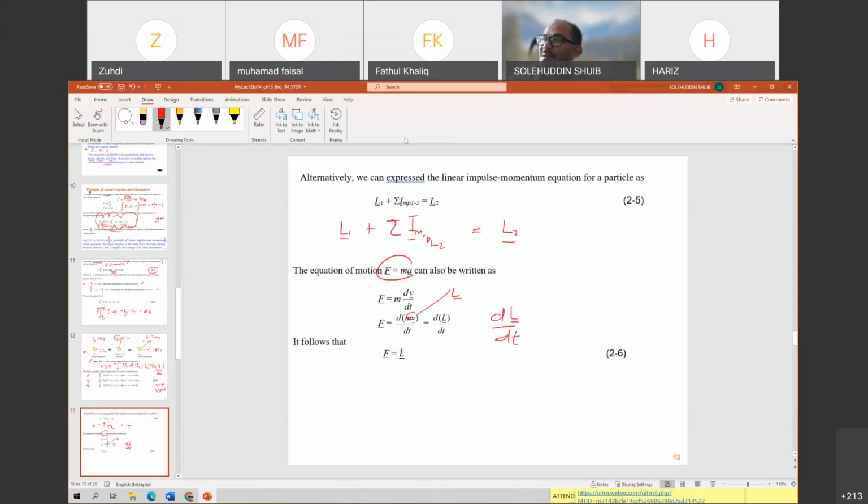Still remember last time, if x we differentiate with time, it's going to be x dot, right? If y we differentiate with time, it's going to be y dot. So if L we differentiate with time, it's going to be L dot. So dL/dt equal to L dot. Therefore, F equal to L dot.